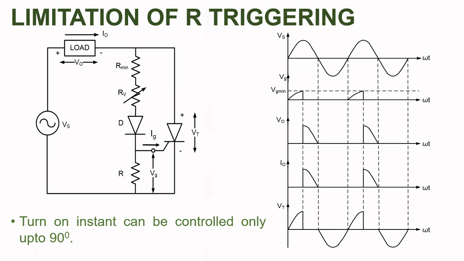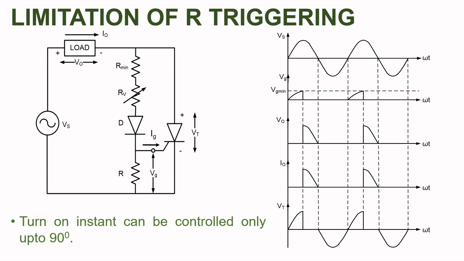Now let us see what are the limitations of R triggering circuit. When we are discussing about the limitation of R triggering circuit, from this figure we can understand the limitation. The SCR would be triggered when the gate voltage reaches the threshold value of Vg minimum.